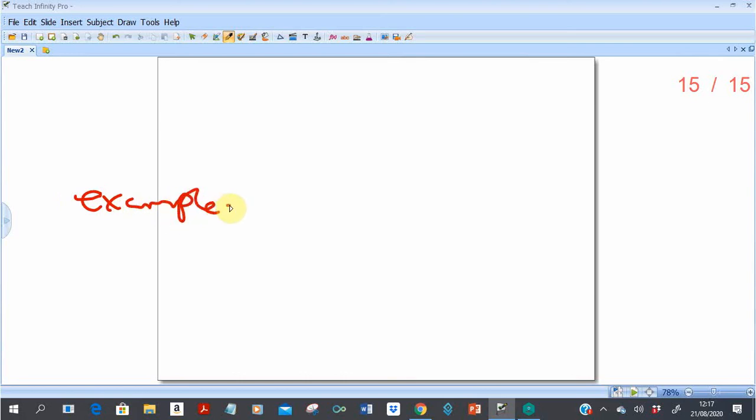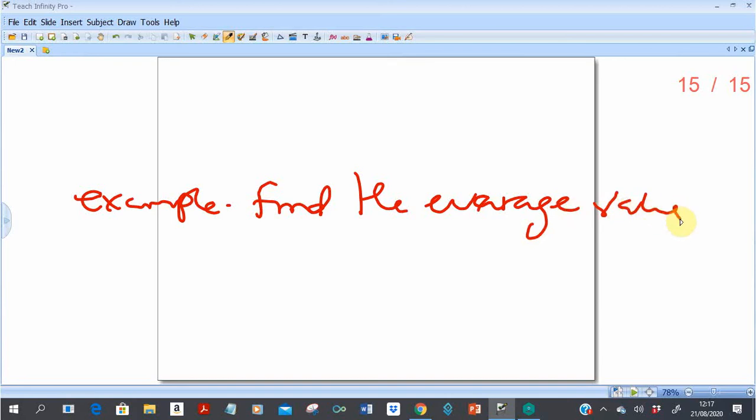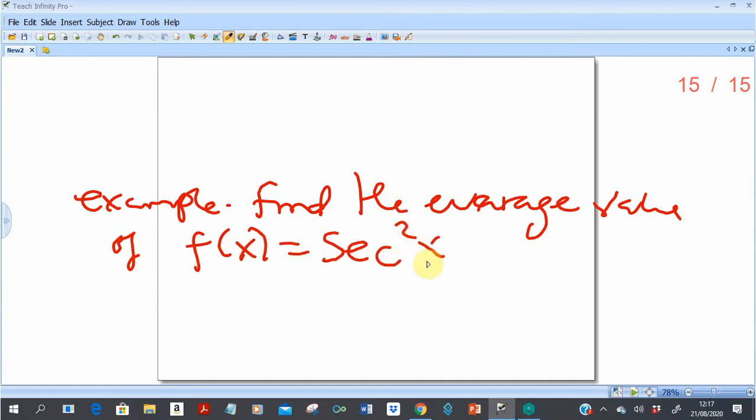Example, find the average value of f of x equals sec squared x on the interval 0 to 45.